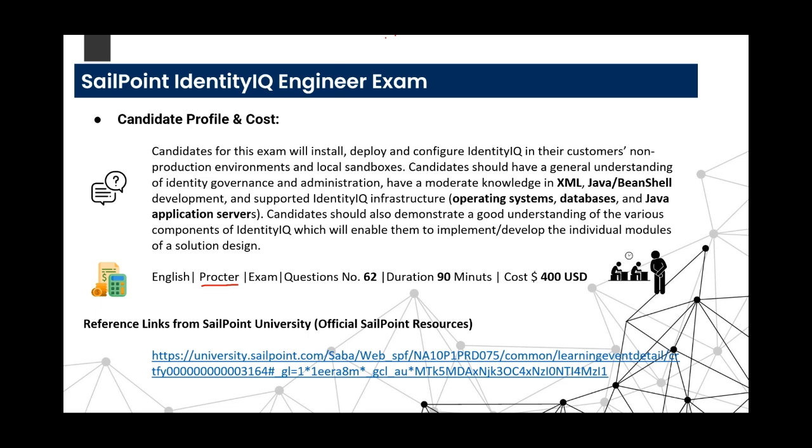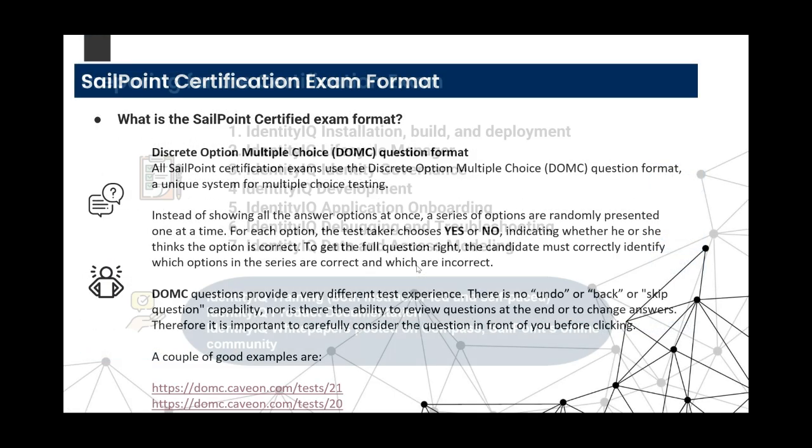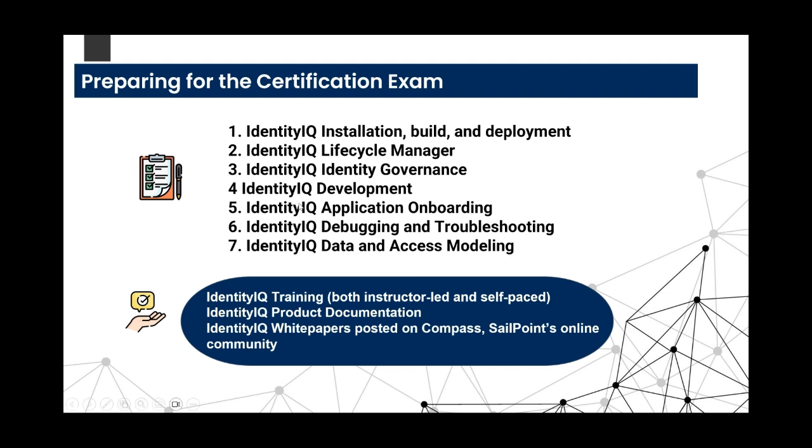We have these 7 sections, and you should give equal importance to each and every section. If your score is 70% with all the equal importance, then you will get certified.